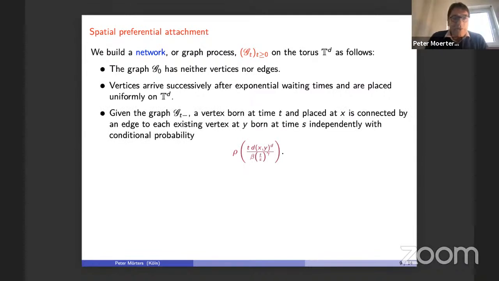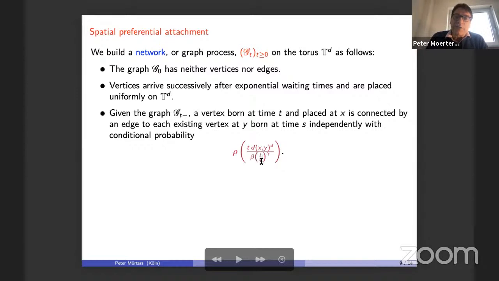And if a vertex is born at time t, we have a graph G_{t-}. If this new vertex is placed at position x on the torus, it's connected to each existing vertex, which has a position y and a birth time s, independently with conditional probability rho, which is again our profile function, applied to the distance of the two points on the torus to the power d, which is the dimension of the torus, divided by beta times (t over s) to the gamma.